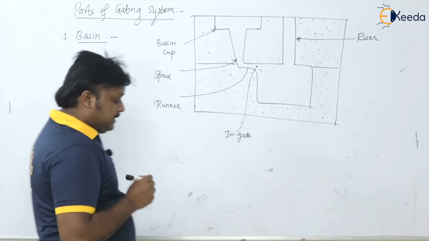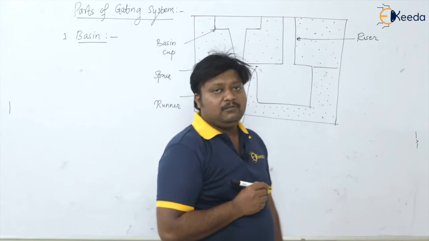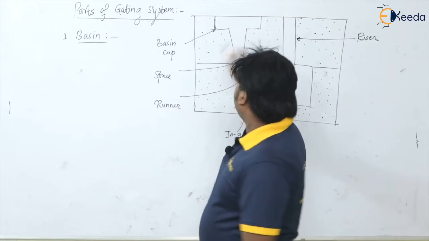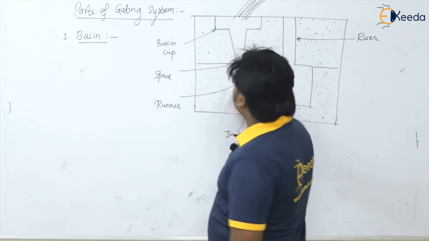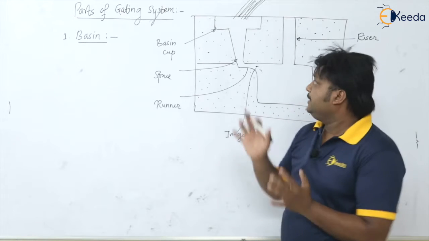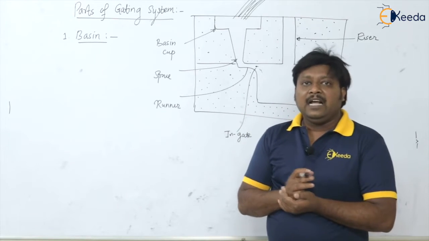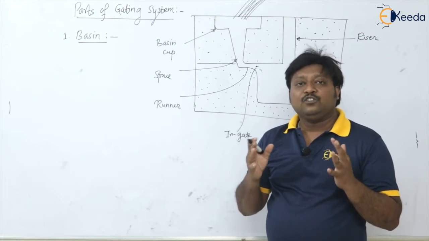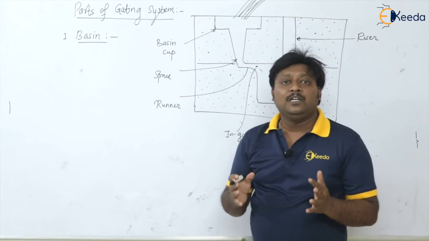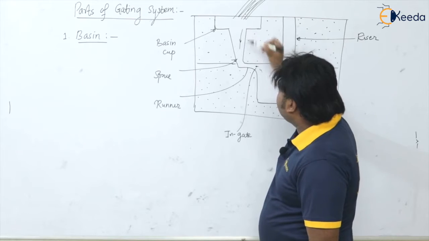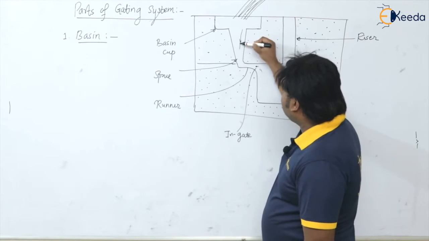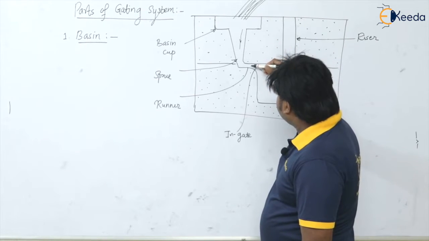Basin or cup basically acts as the reservoir of molten metal. When you pour the molten metal here, it gets reserved in the basin, and after that a slow and continuous laminar flow is provided for the molten metal to flow further into the mold cavity via this sprue, runner and ingate.